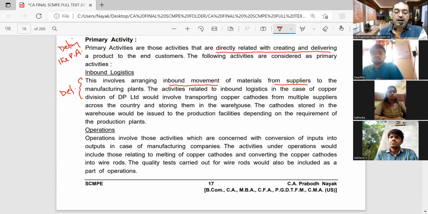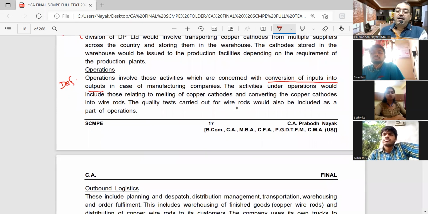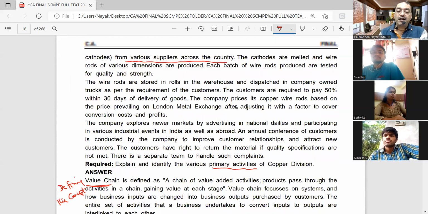Okay. Operational activity. First define what is operational activity. Operations are those activities which are concerned with conversion of inputs into outputs. Conversion of raw material into finished goods. Simple. In case of manufacturing companies, activities under operations would include those relating to what was the operational activity here?